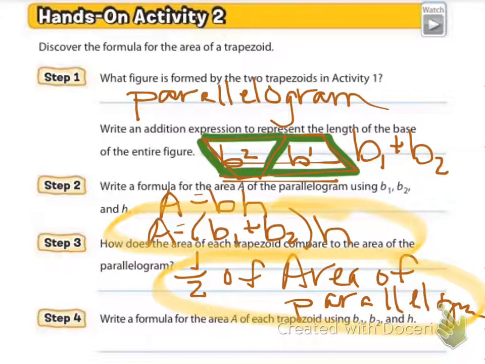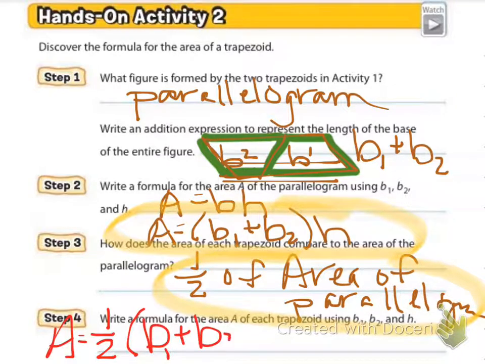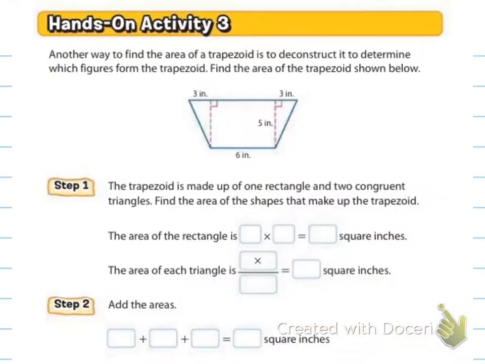So the area of our trapezoid is going to be 1/2 of base sub 1 plus base sub 2 times H, because it's half of this. If I want to know the area of just my trapezoid, it's just 1/2 of that.